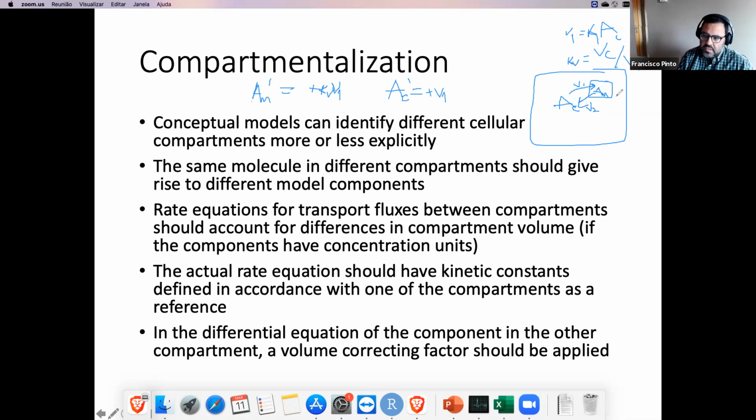There is also another problem, which is that some reactions in cells take place in membranes. For example, there are some processes that occur only close to the membrane because the protein that does the process is a membrane protein.